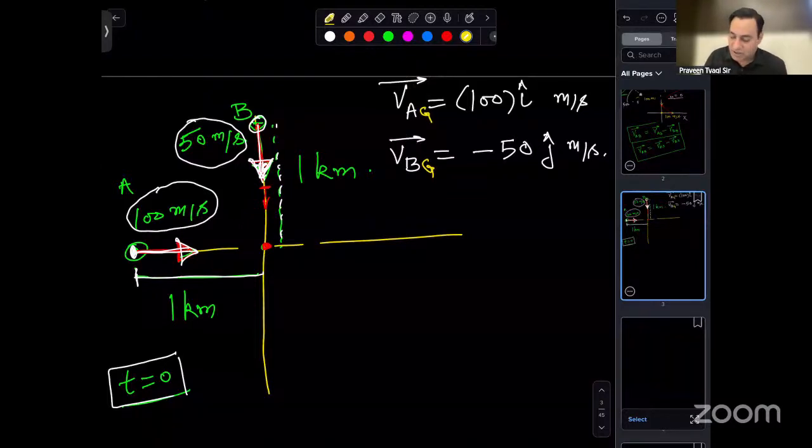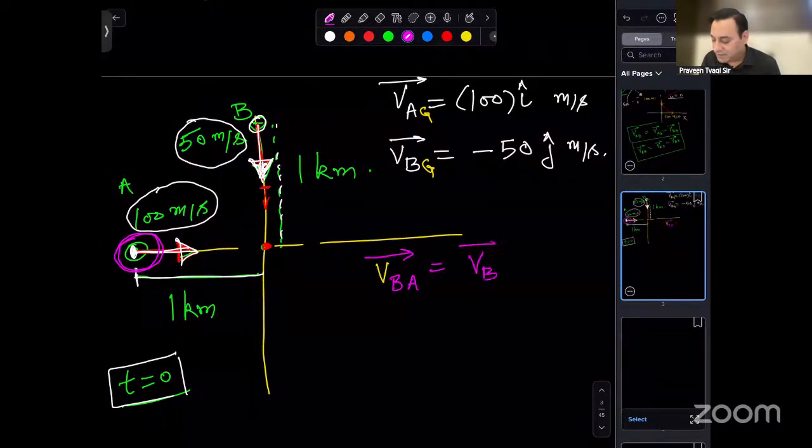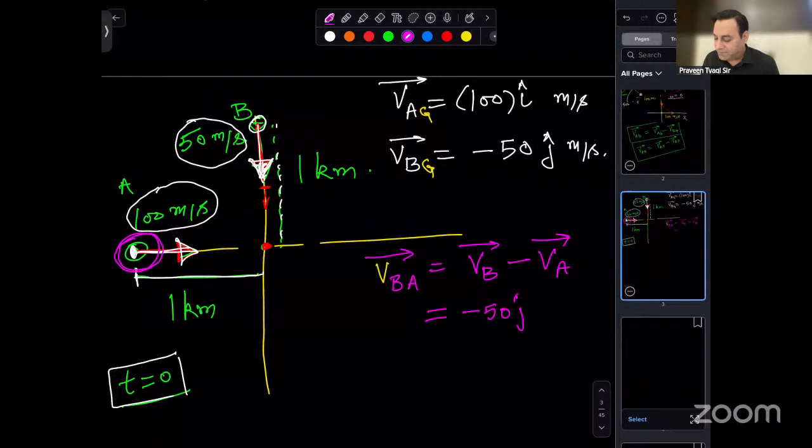So A is the observer, and I will find out velocity of B as observed by A. Velocity of B as observed by A is equal to velocity of B minus velocity of A. Which is minus 50 j cap minus 100 i cap.